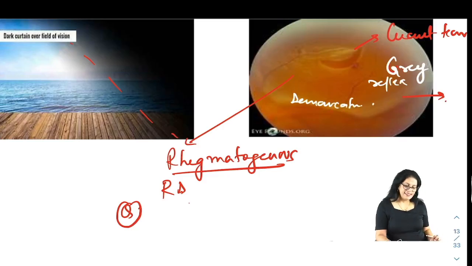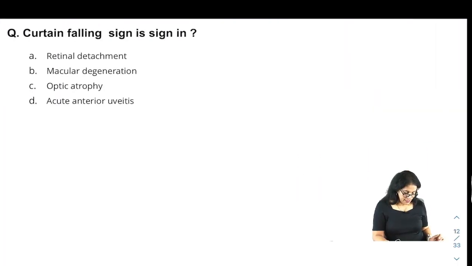A demarcation line will generally be seen in older RDs, where you can see the separation so clearly between the attached and the detached retina. So here, we will be answering retinal detachment.